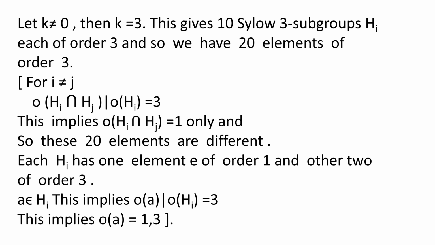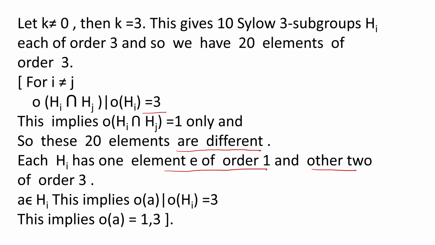If i is not equal to j, then the order of Hi intersection Hj divides the order of Hi, which is equal to 3. This implies that the order of Hi intersection Hj is equal to 1 only, and so these 20 elements are all different. Each Hi has the identity element of order 1 and two other elements of order 3.